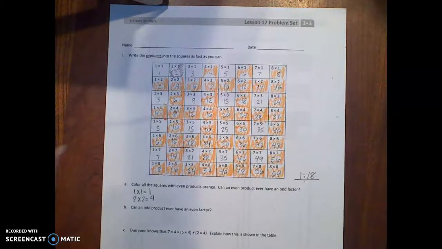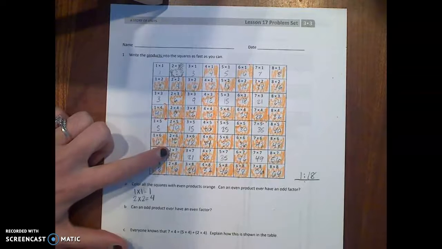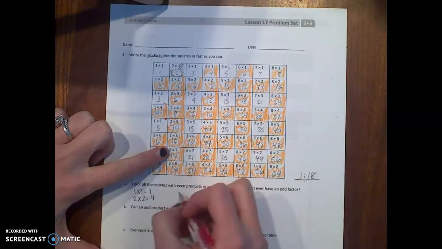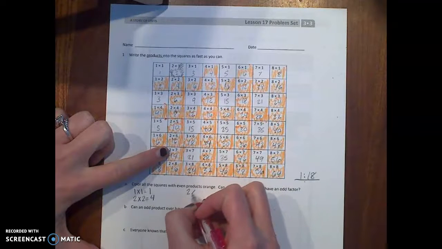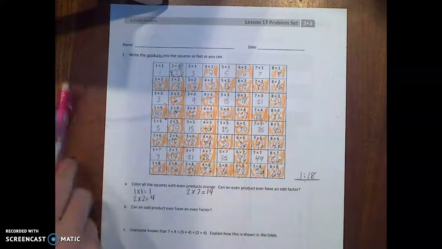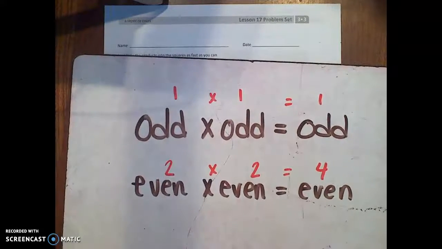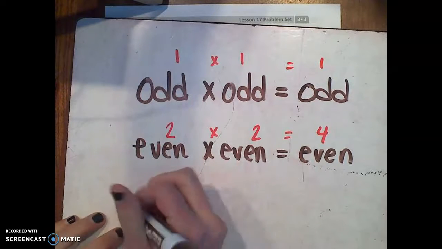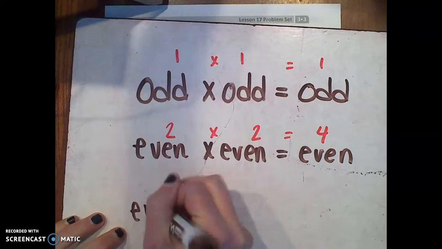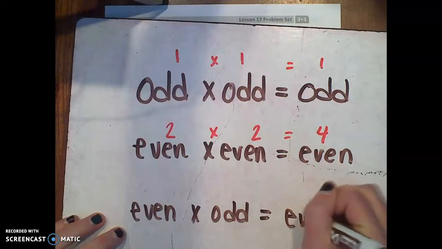What if I have a problem like 2 times 7? 2 times 7 equals 14. So that would mean even times odd equals even.